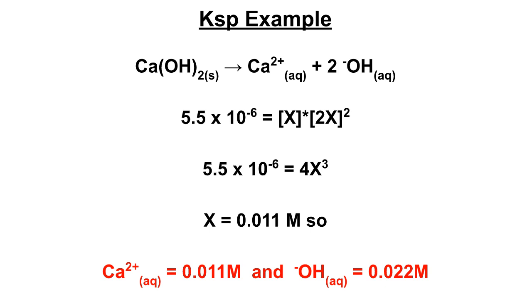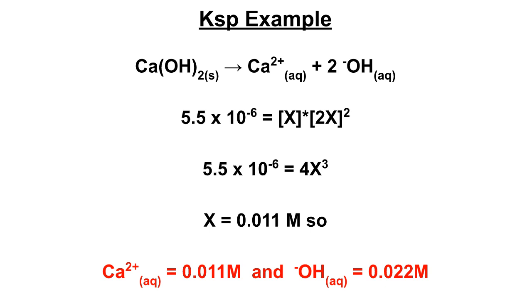Now, when you have 2x and it's being squared in brackets, that means that you are going to have 4x squared. And then you have x times 4x squared. So that's going to be 4x cubed, because remember, when you multiply x and x squared, you add the exponents together. That's the way that this works.